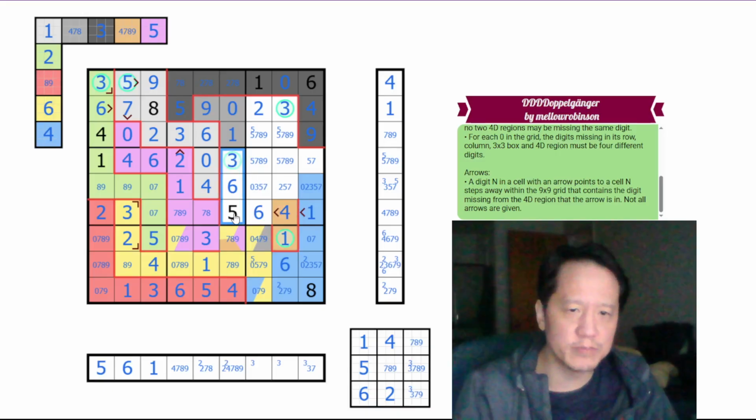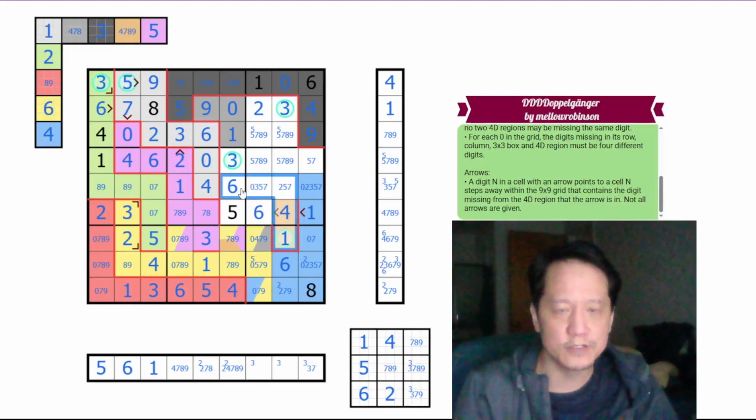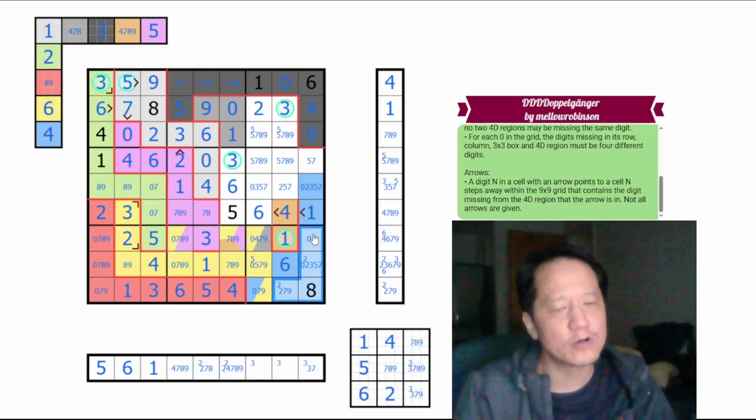So if we try to make this actually orange, I think orange has to be part of this region here. We are guaranteed a 2. Ooh. Don't know if that works. We are guaranteed a 2 in the blue region.